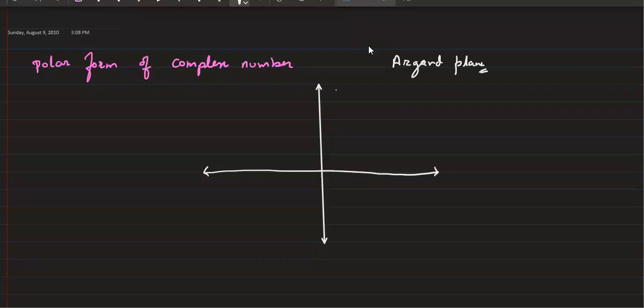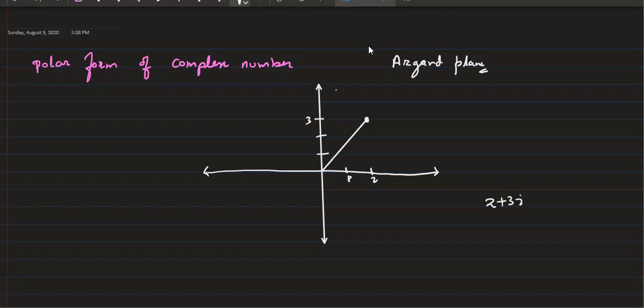For example, we have 2 plus 3i. So I will represent it as 3. This will be your complex number. This plane is called as Argand plane.